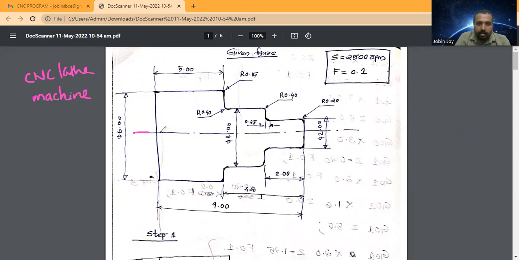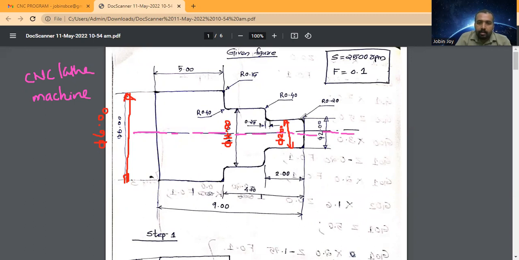So this is my drawing. This is the center line, and this is the diameter of the workpiece that is given, that is 6.00. Then this step is 4.00, and this final step is 2.00.